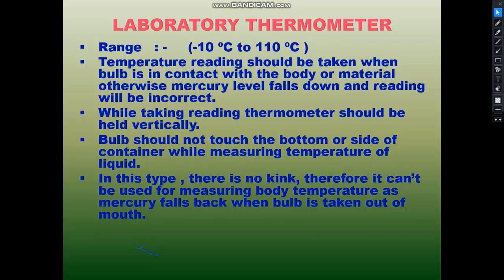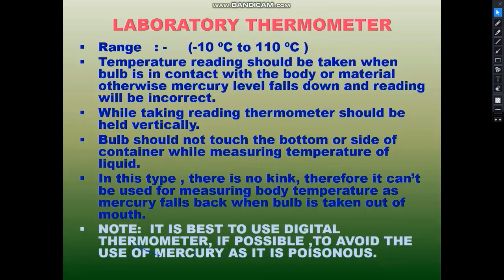After taking the reading, when you take the thermometer out of the mouth, in the case of a laboratory thermometer, the mercury level starts falling down, and that will give an incorrect reading. Now here is a note point. It is best to use a digital thermometer if possible to avoid the use of mercury, as it is highly poisonous.